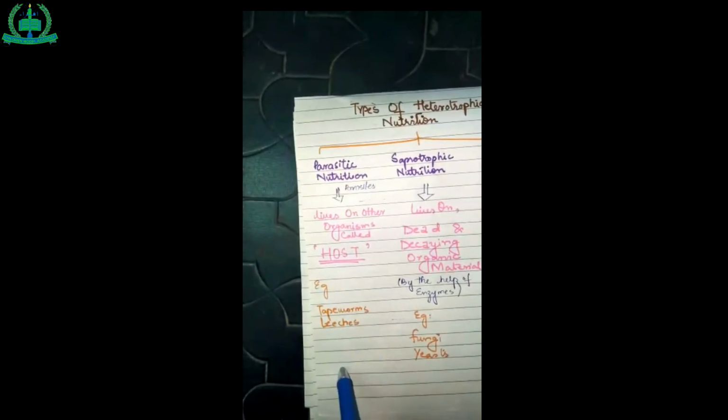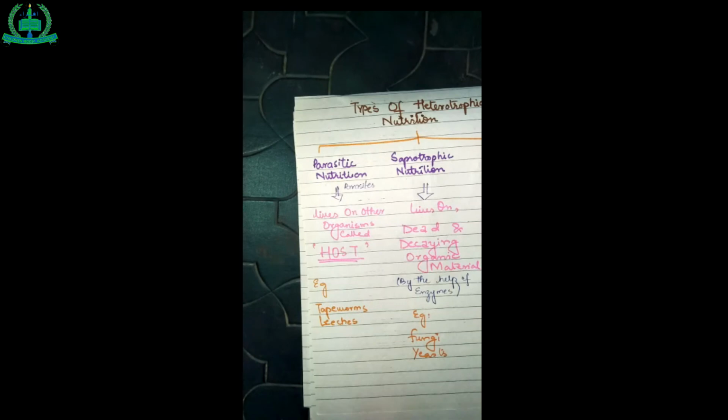Examples are tapeworms and leeches, and they don't give any benefit to their host. The examples of parasitic nutrition are leech and tapeworm. Leech जो है, they suck the blood of their host, right? You all know that. So they are not giving any benefit to their host, they are actually harming them.